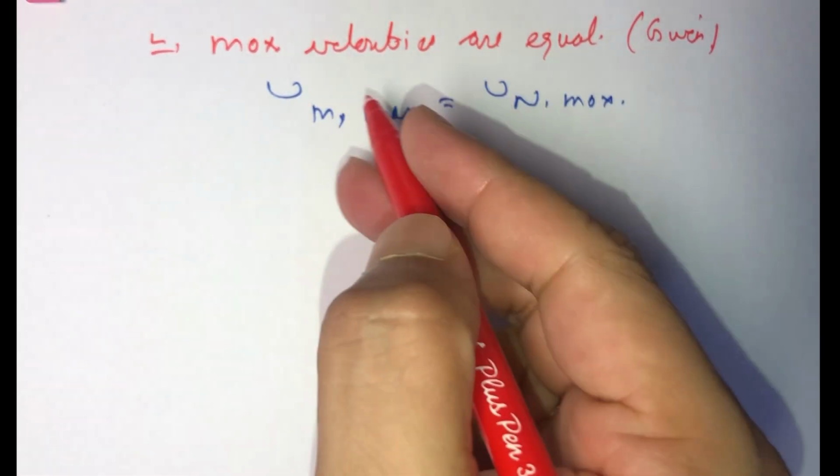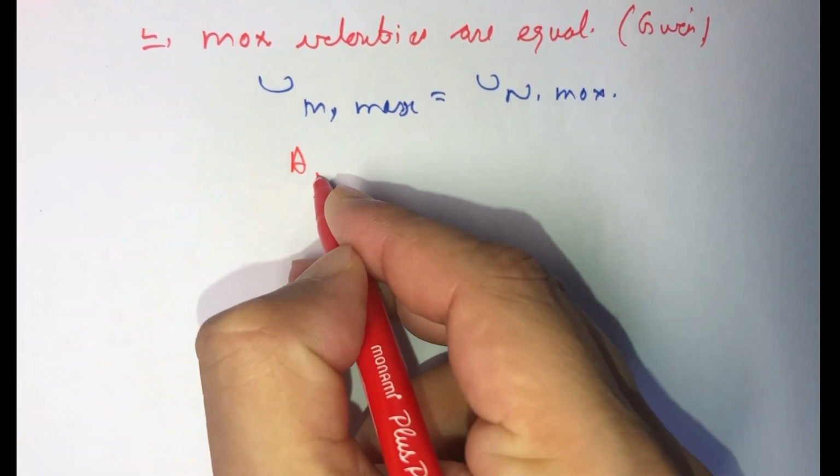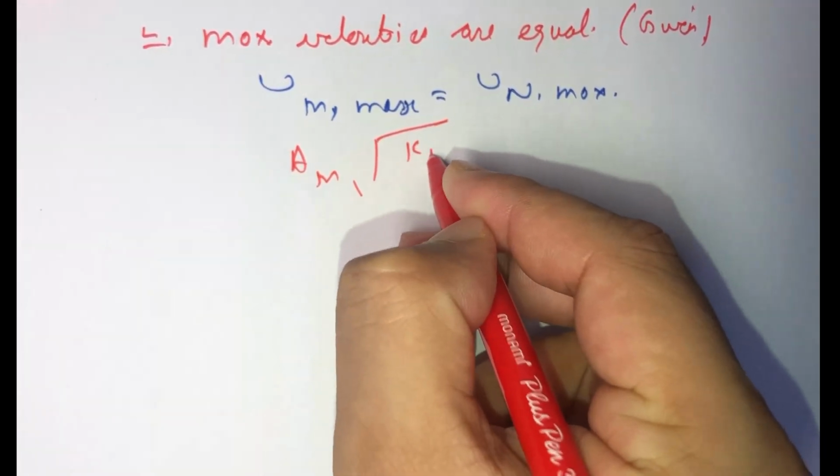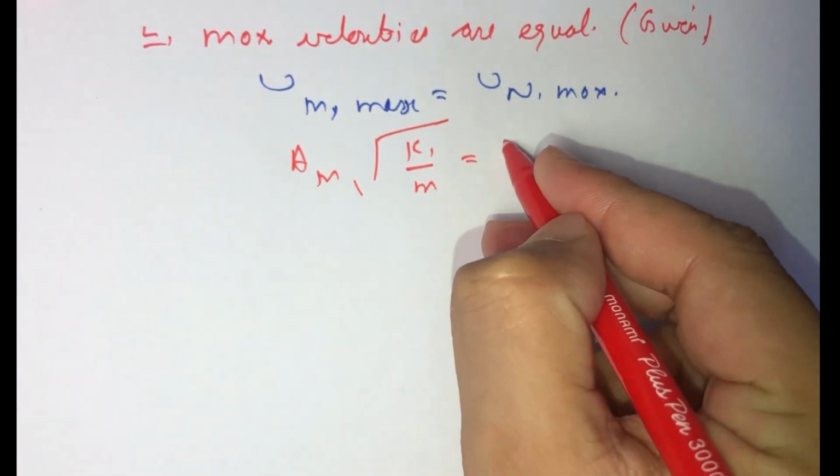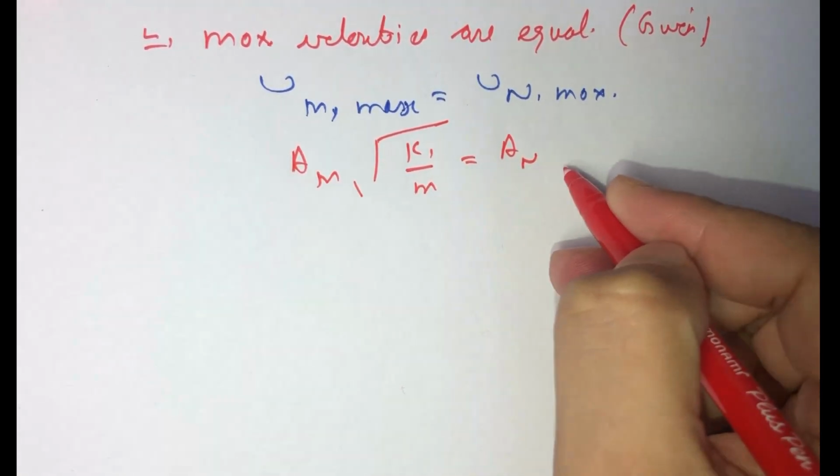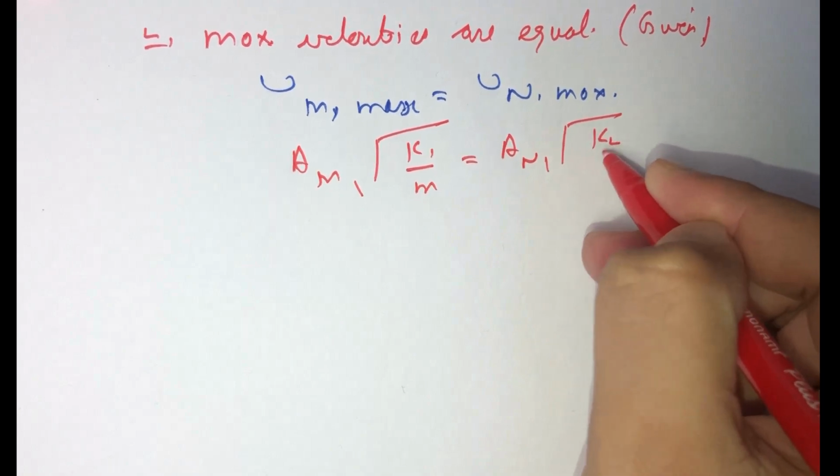So we get this as AM square root of K1 upon M is equal to amplitude of N square root of K2 upon M.